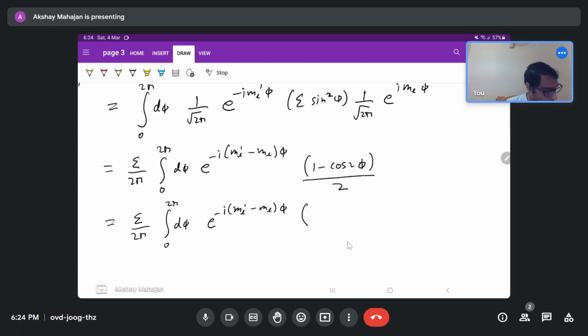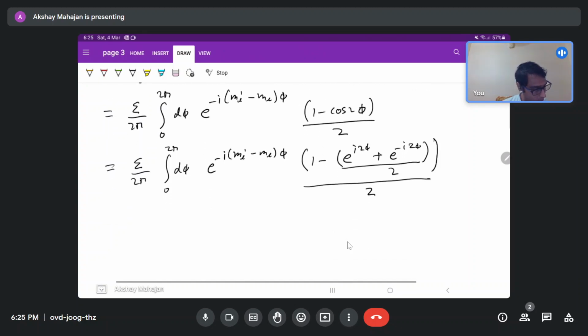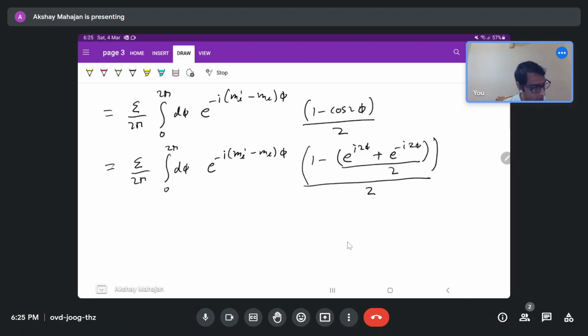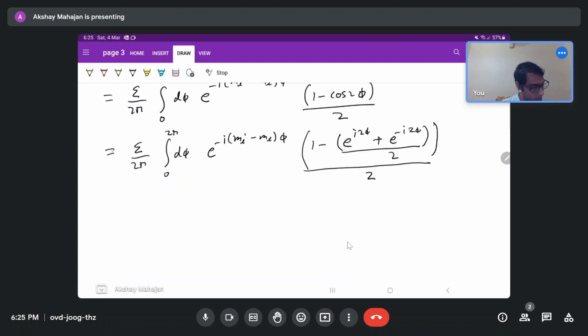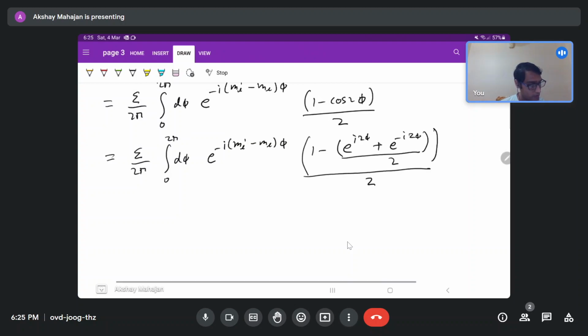We can write cos 2 phi as e to the power i 2 phi plus e to the power minus i 2 phi, divided by 2, and this whole expression is divided by 2 as well, with the 1 minus in front. If you expand e to the power i phi as cos phi plus i sin phi, you can check that it comes out as cos 2 phi.